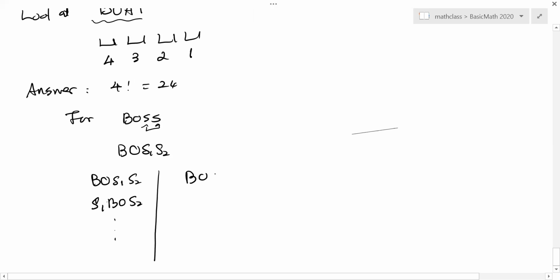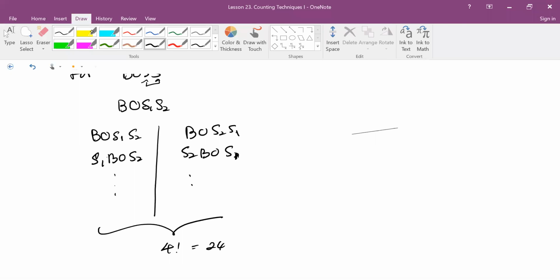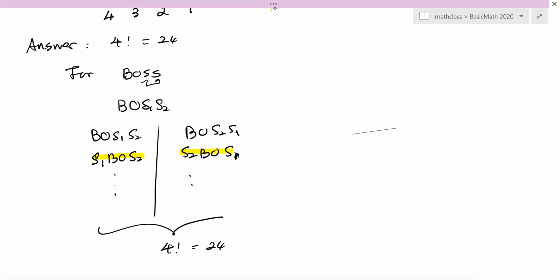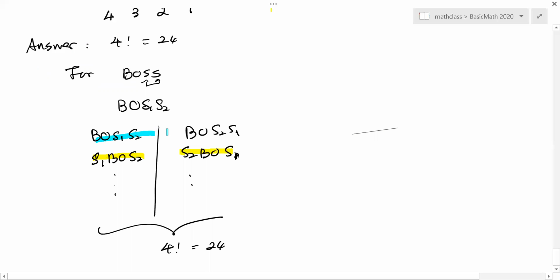Then here, I only consider those where S2 is first. In total, you are going to have 4 factorial, which is 24, right? Many such words there. But you know that those two are identical if you remove the subscripts. So actually you have 2 groups here, and those two are the same.